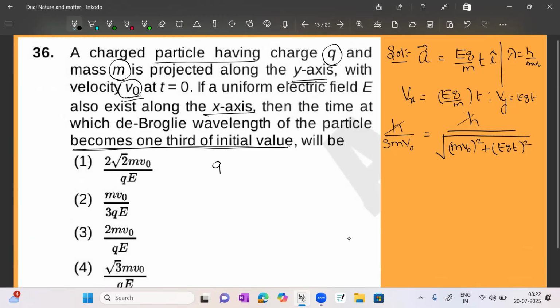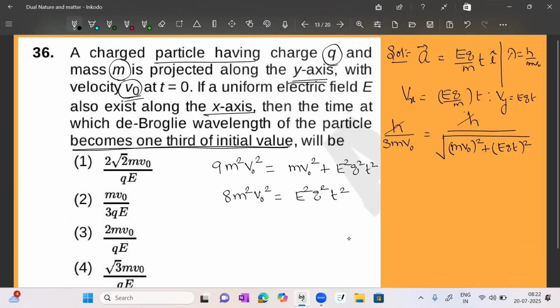It becomes 9 m square v naught square equals m square v naught square plus e square q square t square. The m square v naught square comes to this side, so it becomes 8 m square v naught square equals e square q square t square.